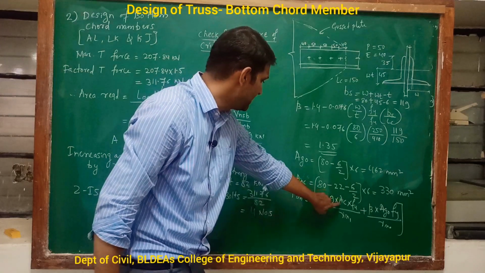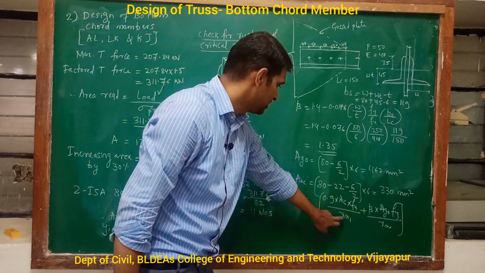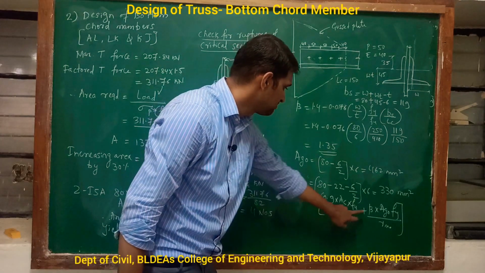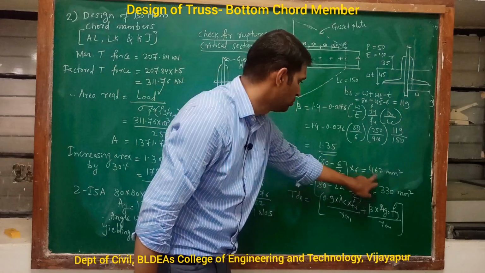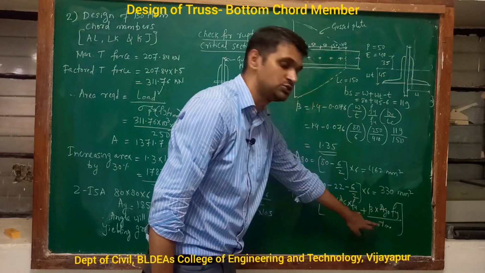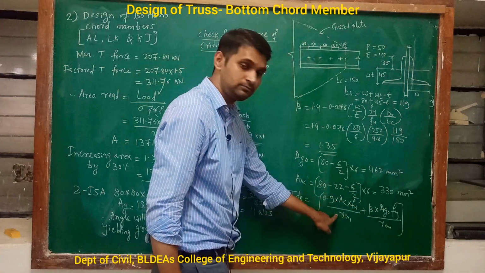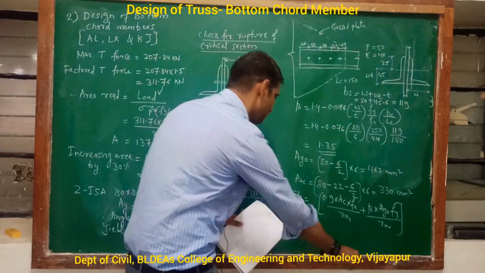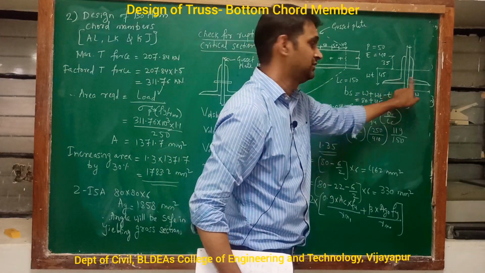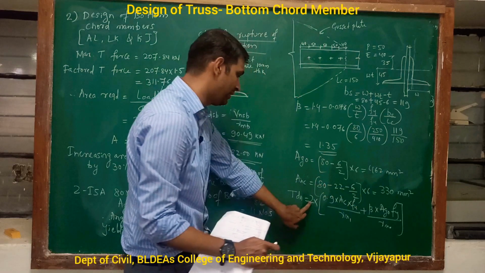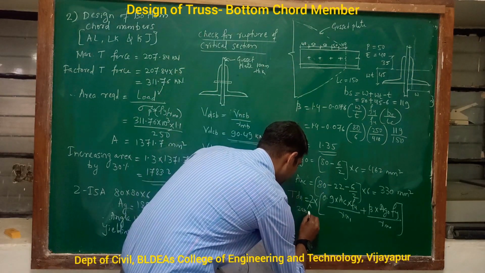We have calculated ANC 330, Fu is 410, gamma m1 is 1.25, beta is 1.35, Ag naught 462, Fy is 250 and gamma m naught is 1.1. Now this is for one angle. So now we are multiplying into 2 to calculate for two angles.